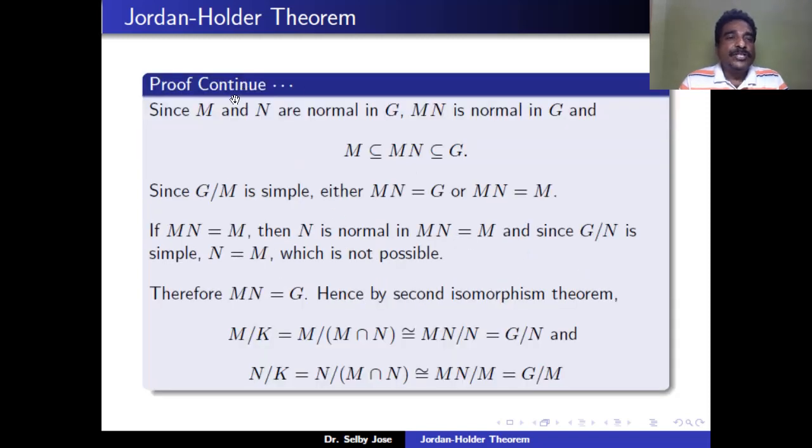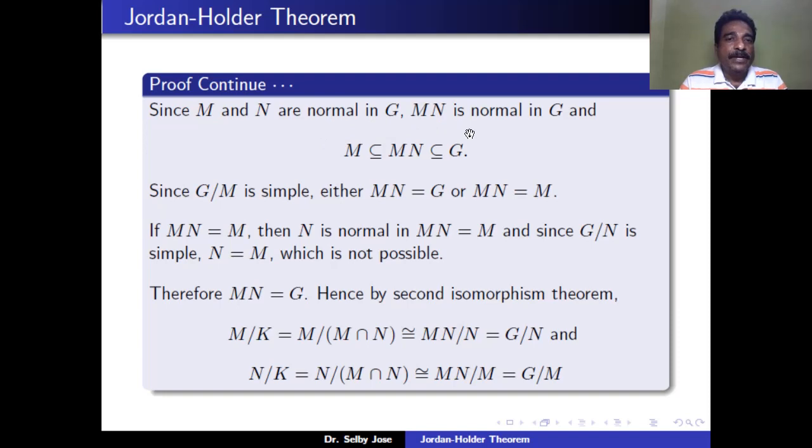So now you know that M and N are the second last terms of two composition series. That means both M and N are normal in G, by definition.